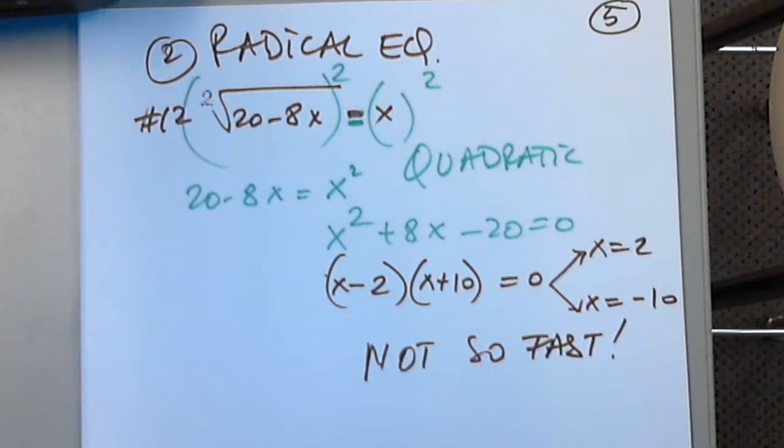Let me explain what happens here. If I move 5 from one side of the equation to the other, will that change the final solution? No. If I divide both sides of an equation by 2, will that change the final solution? If I multiply both sides by 10? No. If I add 5x to both sides, will that change the final outcome?